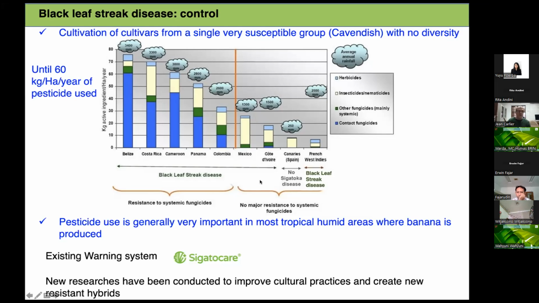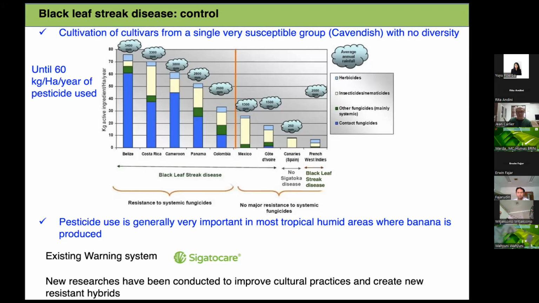In some countries, like in the French West Indies, we use a warning system, which is useful to limit the number of applications or treatments. But this system is difficult to apply in very humid regions.